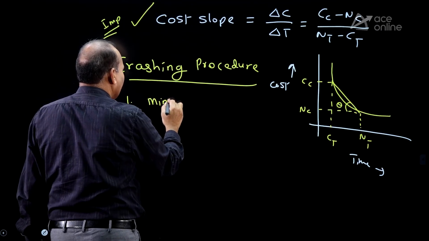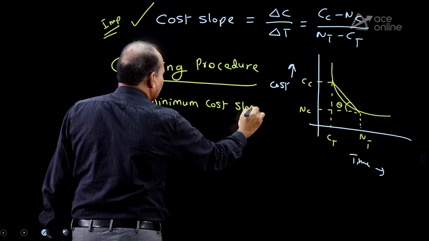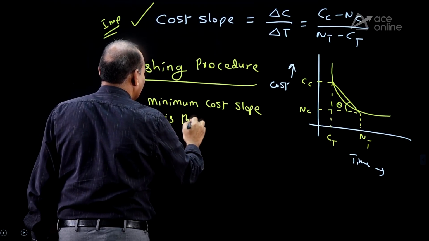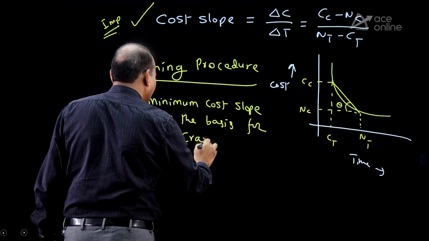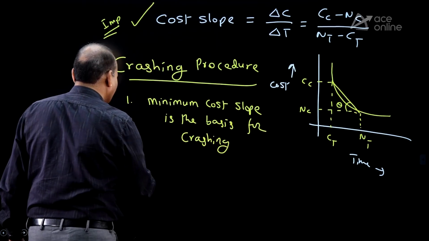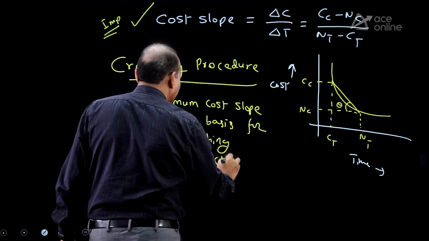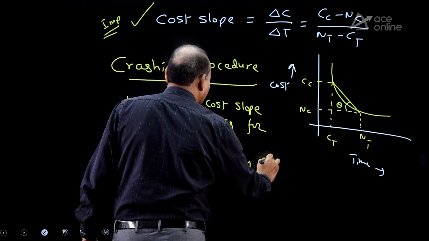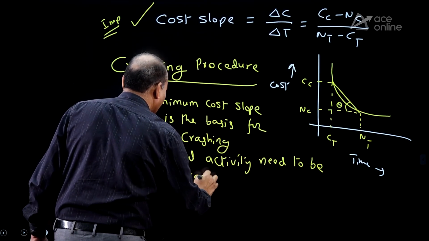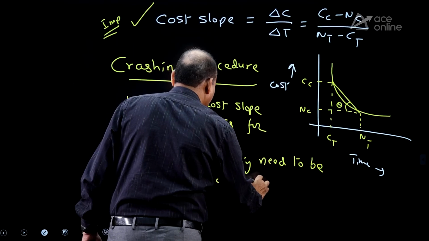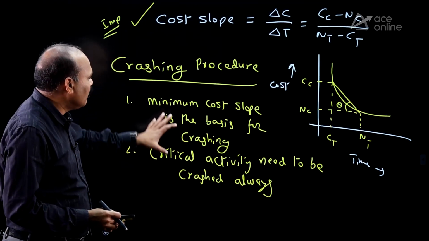Minimum cost slope is the basis for crashing. Always you have to choose only the minimum cost slope. Next, the critical path is the only reference. Critical activity needs to be crashed always. Always remember this. Only critical activities you have to crash, and only minimum cost slope we choose.